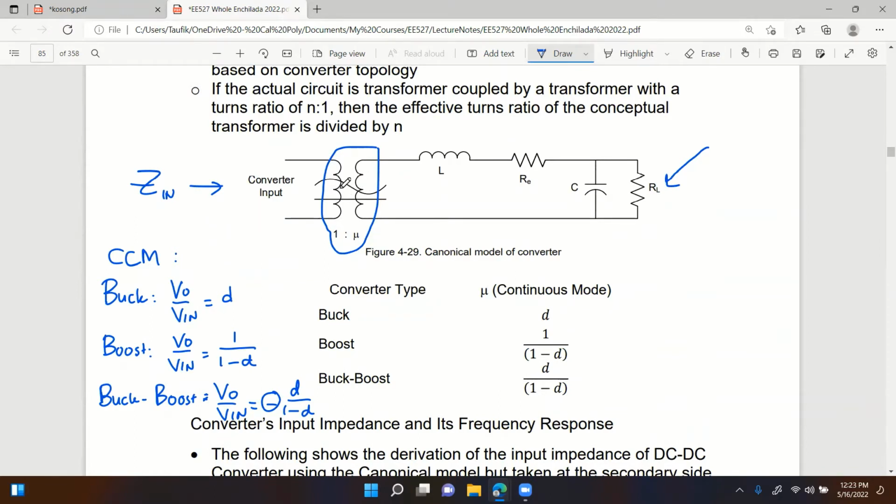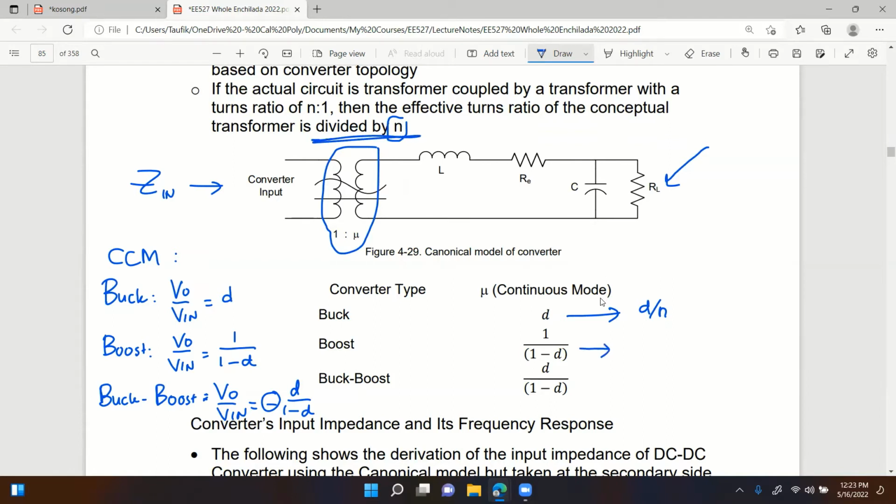What if there is a physical transformer? Oh, I forgot to mention that. All right, it's actually right here. If there is a physical transformer, such as push-pull, flyback, and forward, then you just divide the whole thing by n. For example, this becomes D divided by n. Then the effective transfer is divided by n.